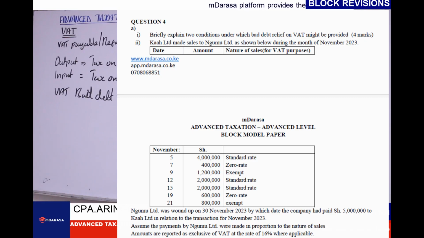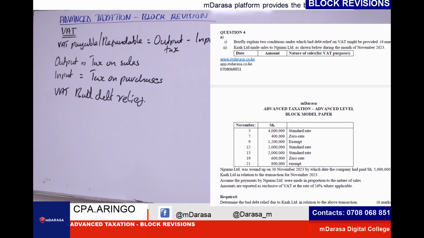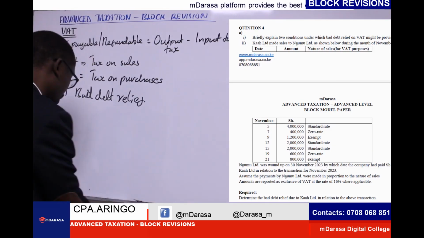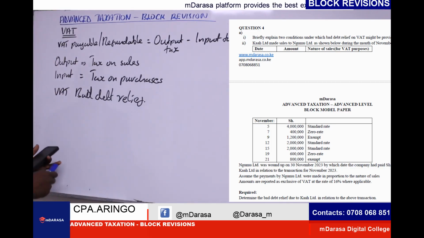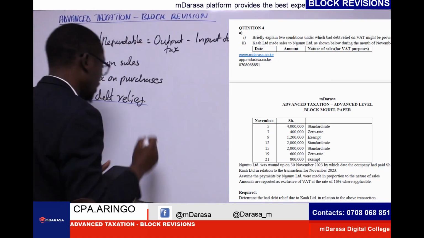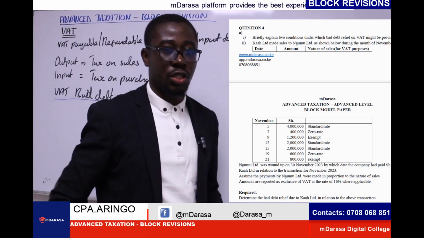What are these conditions? Are you aware of these conditions? Conditions under which we are going to grant bad debt relief on VAT, we normally tend to talk of two conditions.